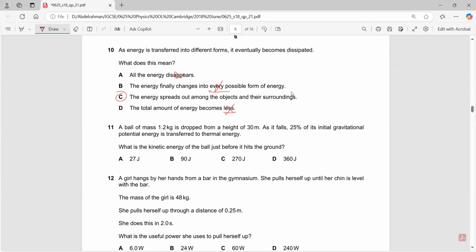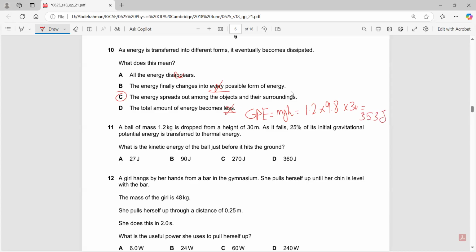Initial gravitational potential energy, GPE, equals mgh, which is 1.2 times 9.8, for the sake of memorizing the number, times the distance, which is 30. 1.2 times 9.8 times 30 is around 352.8, which is 353 joules.